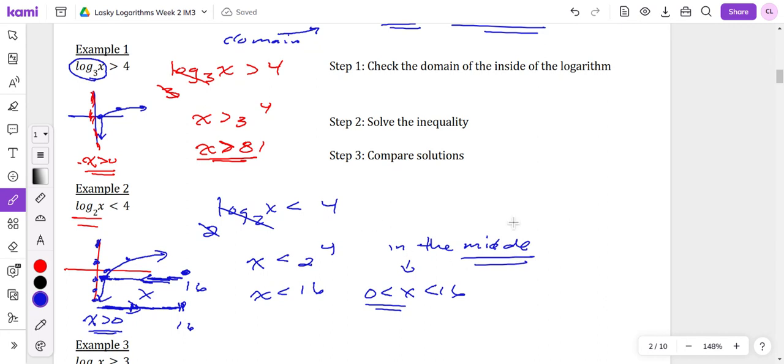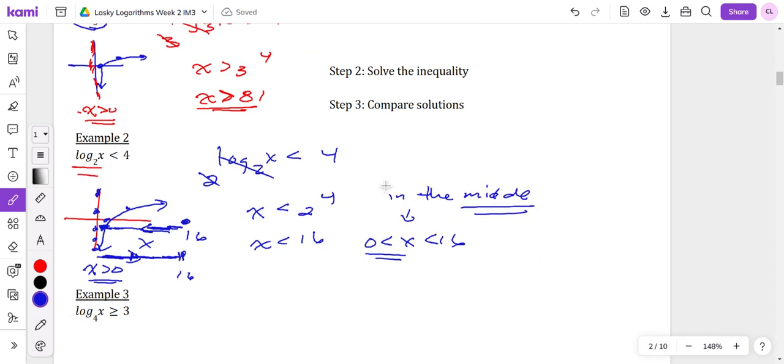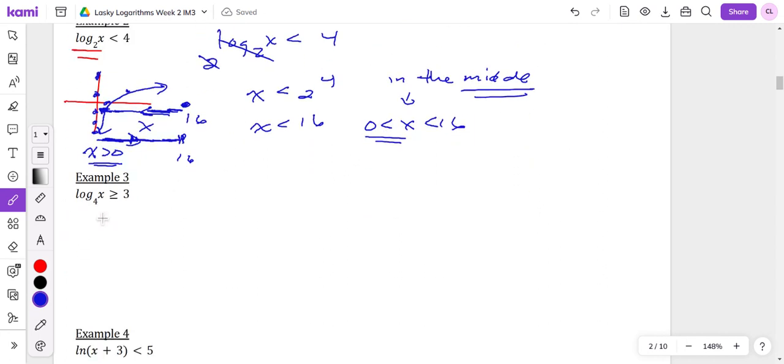Okay? All right. So, let's look at this one here. Same idea. We know that this has an asymptote right here. We know that x has to be greater than 0. 1, and I'm going to go over to 4 and 1. This is what my base graph looks like.